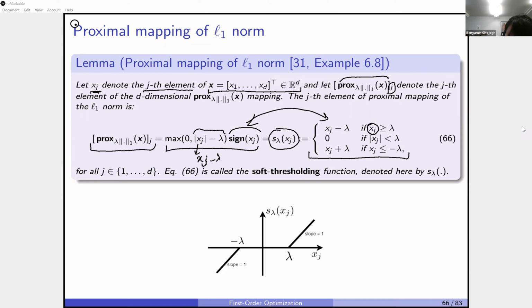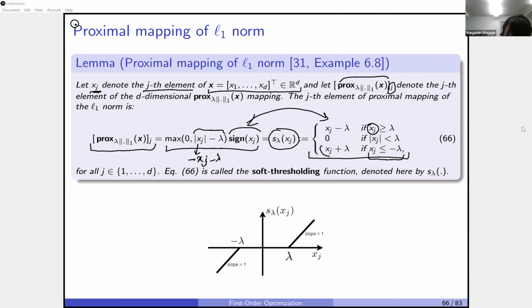On the other side, if xj is less than or equal to minus lambda, then this becomes minus xj minus lambda, the whole max, and the sign of xj is also minus 1.